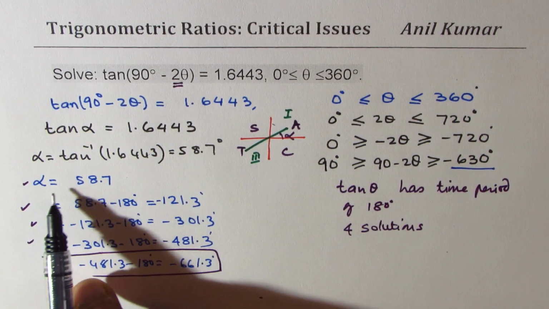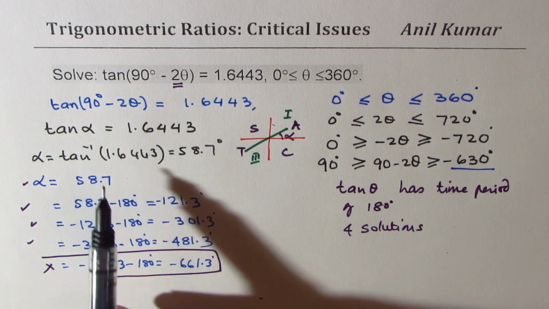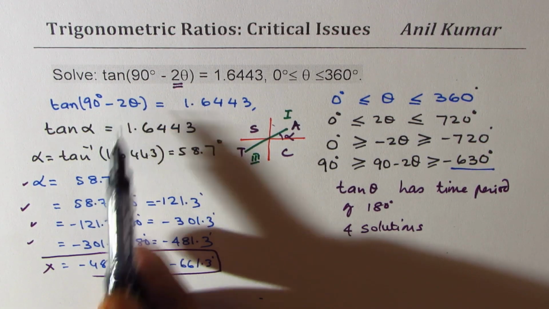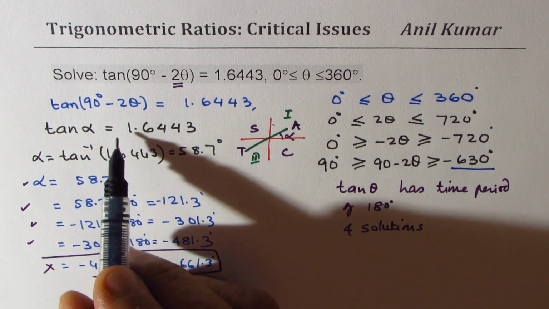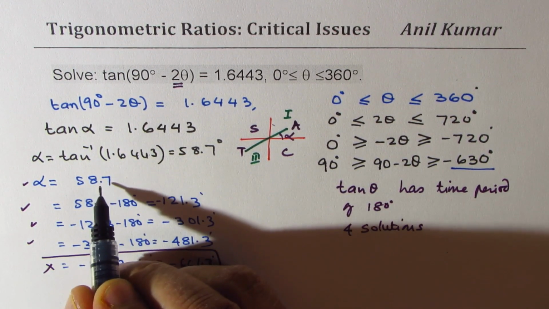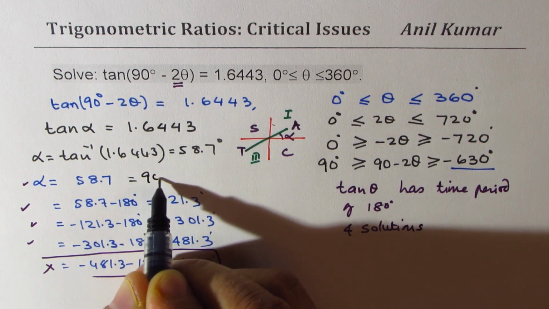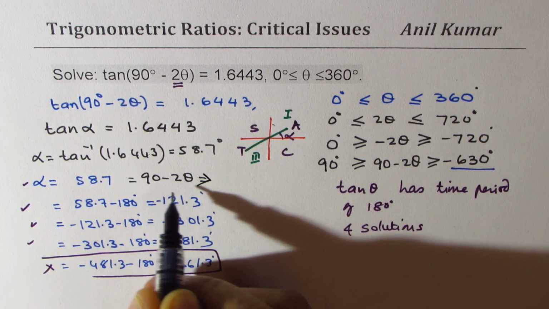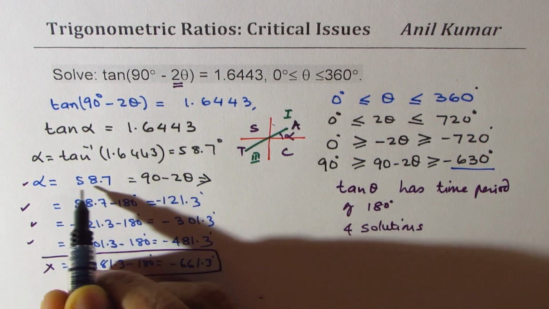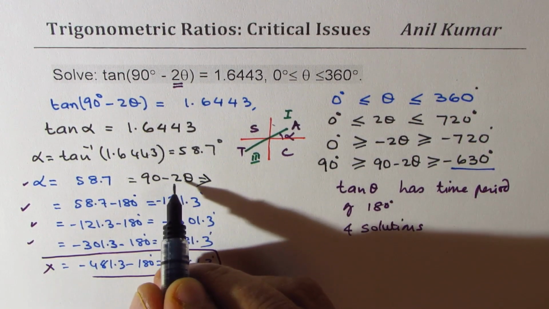So 90 minus 2 theta is 58.7. And from here, you can find what theta is. That's the whole issue, correct? So now we can solve for theta. What we get here is 58.7 is equal to 90 minus 2 theta, right? So to get the value of theta, what should we do? We have to take away from 90 the 58.7 and then divide by 2.